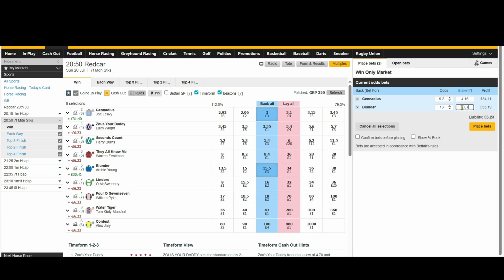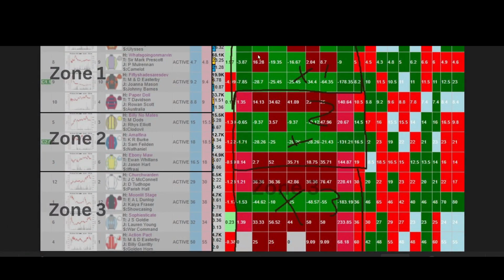Now I should add the calculator doesn't take into account commission because everyone's commission is different. I have 2%. Some people prefer the best odds guaranteed and prefer to have a 5% commission and use more of the Betfair services. And the final horse in our betting, Moonlit stage at 36.